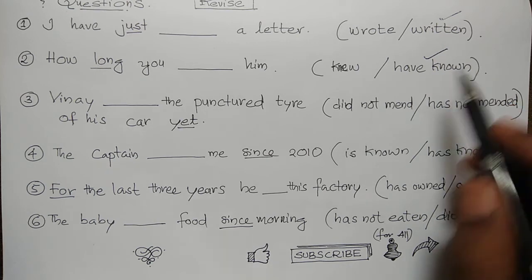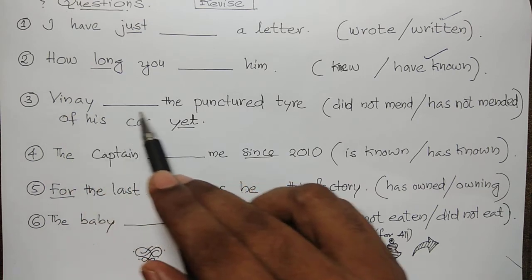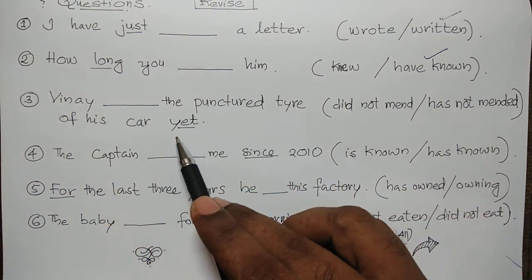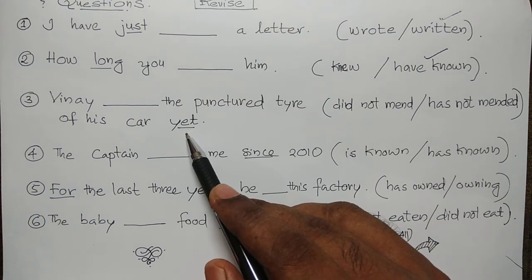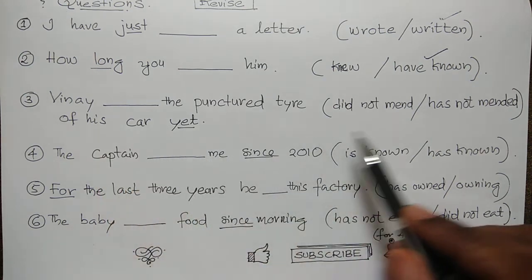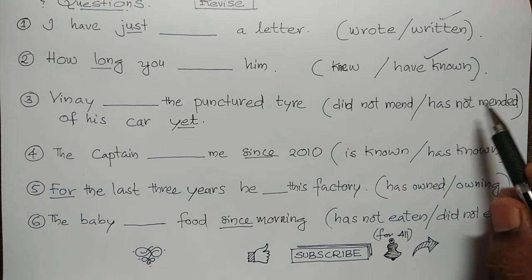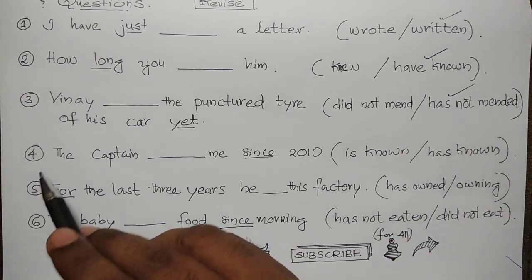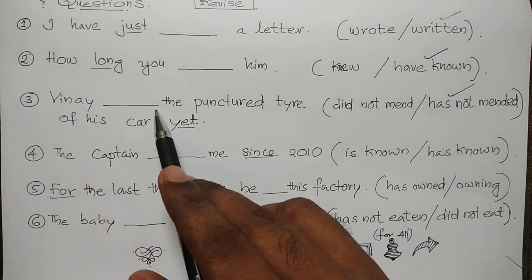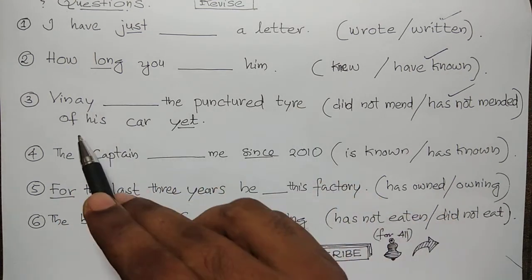Third one, Vinay dash the punctured tire of his car yet. Again yet. So use present perfect. Did not mend, or has not mended. Has not mended is the right one. So Vinay has not mended the punctured tire of his car yet.